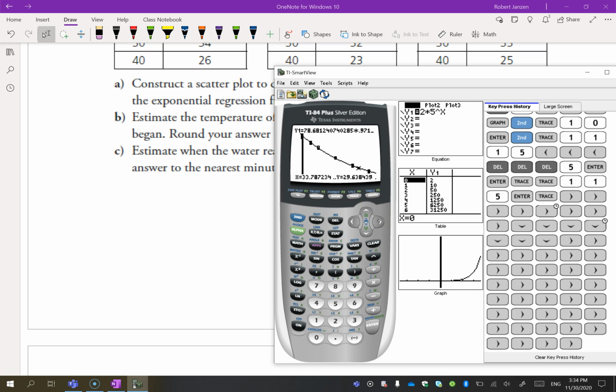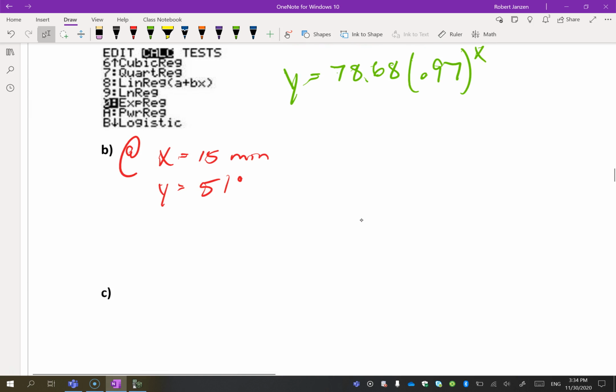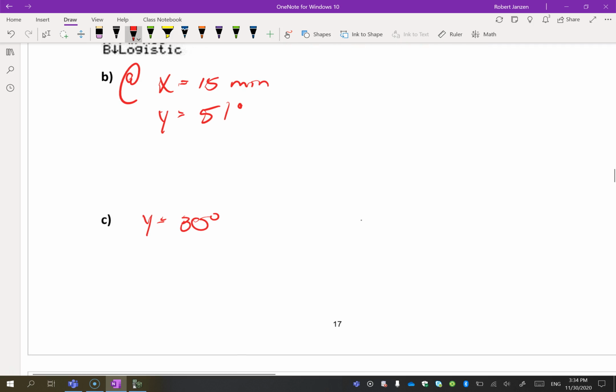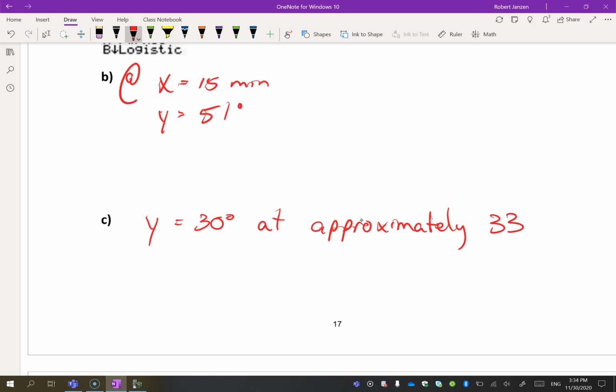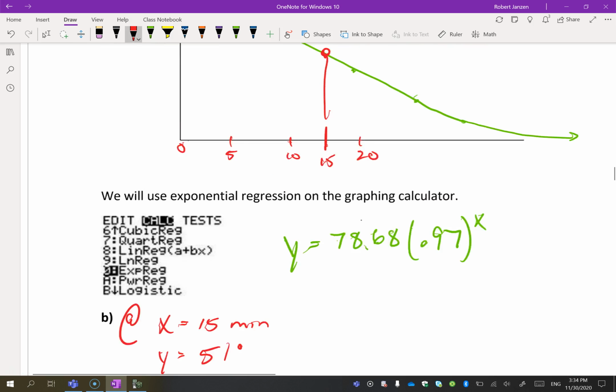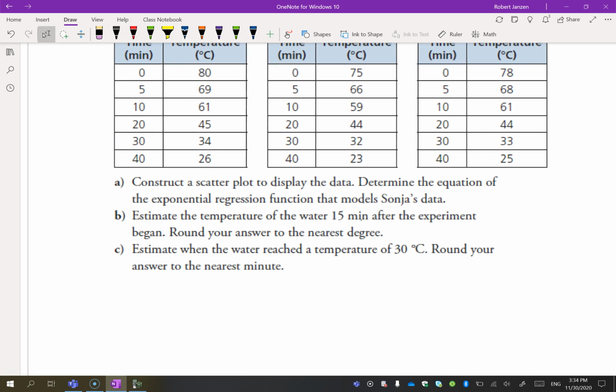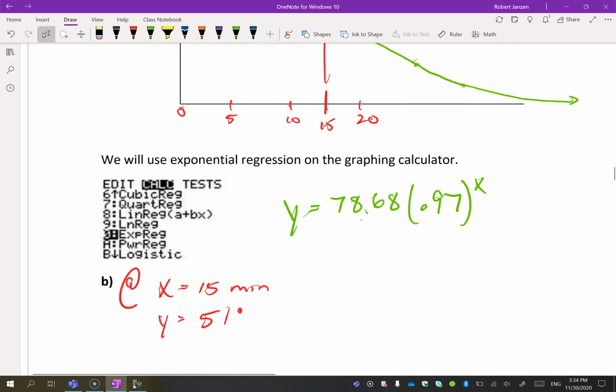I'll go one more. I'm not sure that's any better, so I'm going to say it's at about 33 minutes. So y is 30 degrees at approximately 33 minutes. So that's that question.